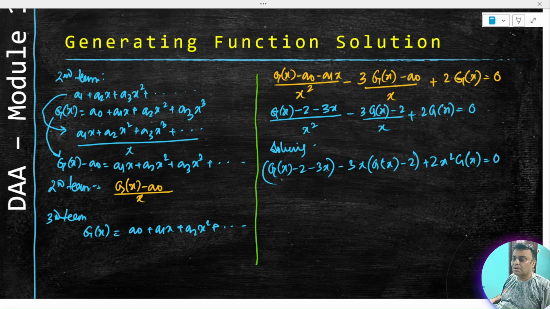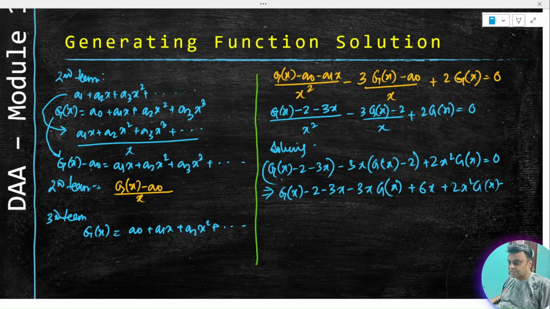X square will go to the other side, get multiplied by 0 and get cancelled out, right? Then if we expand this, we get gx minus 2 minus 3x minus 3x gx plus 6x plus 2x square gx is equal to 0.